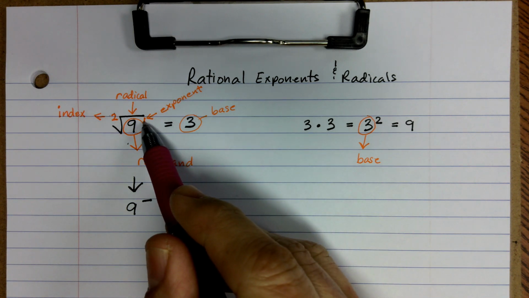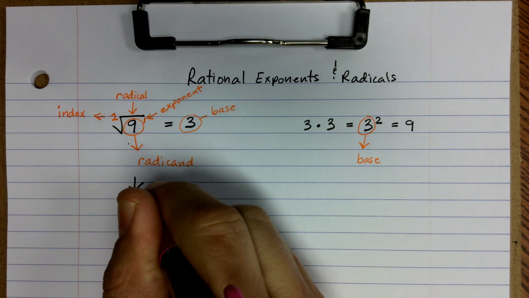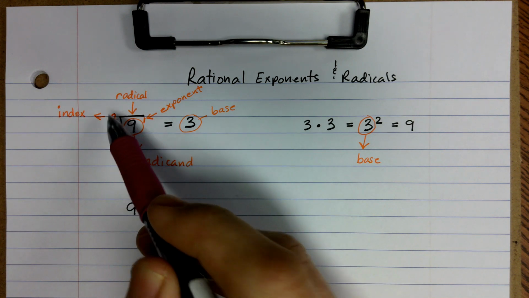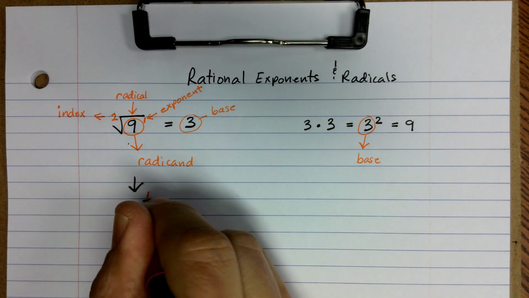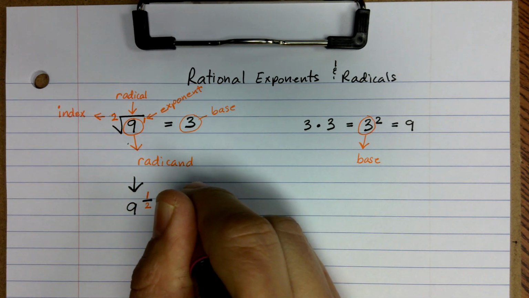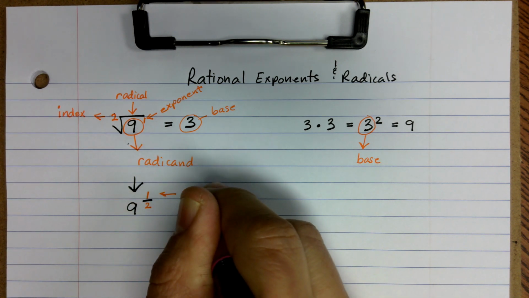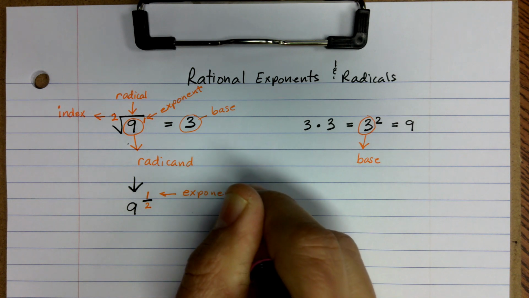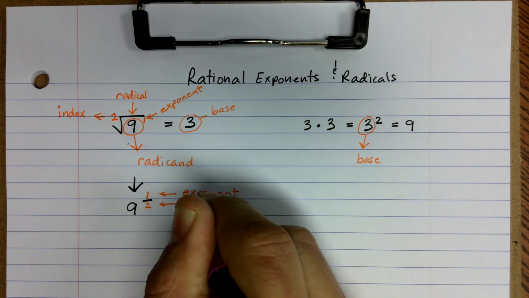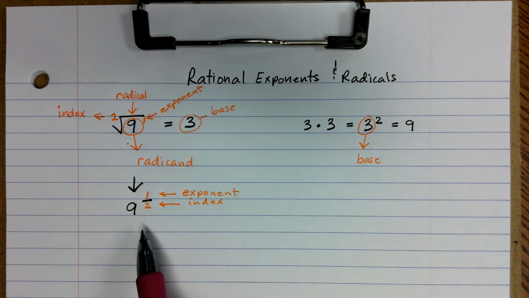And the numerator is going to be this exponent value that's inside the radical, 1. And then the denominator is going to be the index. So in other words, I'm going to write an arrow here. The numerator is the exponent, and the denominator is what we know as the index. So this is just a relationship that they have with one another.